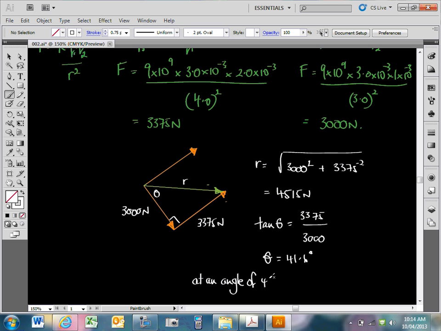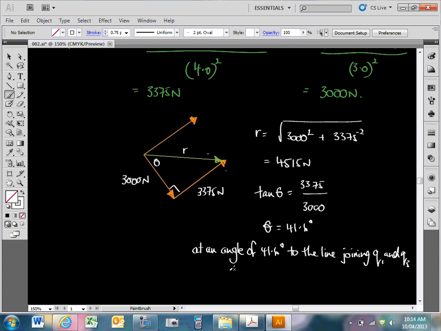Of 41.6 degrees to the line joining Q1 and Q3. Now, I still find this ambiguous.